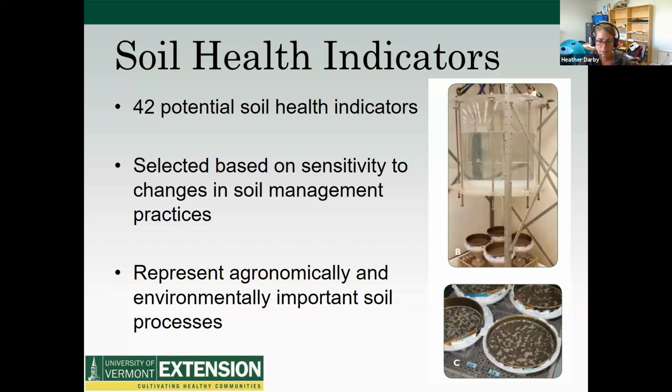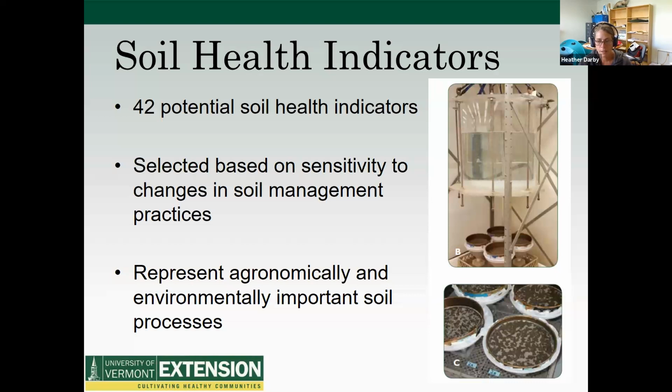And they've selected a group of indicators based on sensitivity to changes in soil management practices. Some indicators are more long-term, so it's difficult to see short-term changes in some soil health indicators.